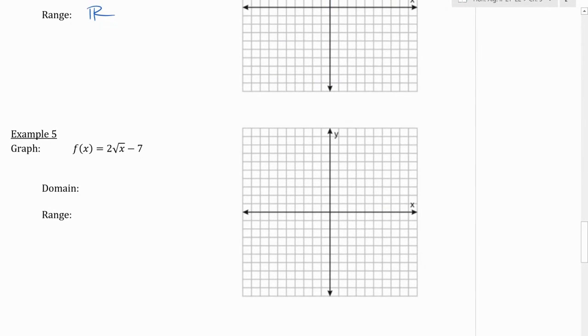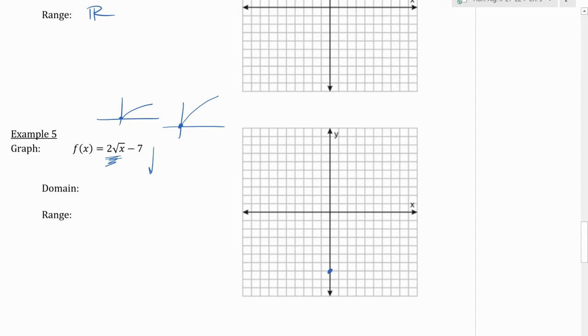All right, this one, we're going to take our square root parent function. We're going to stretch it vertically. So it's going to grow twice as fast, and then we're going to move it down 7 places. So this point, it's going to go down 7 places. So 1, 2, 3, 4, 5, 6, 7.